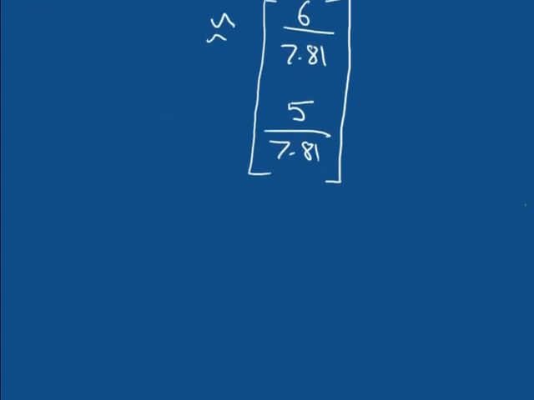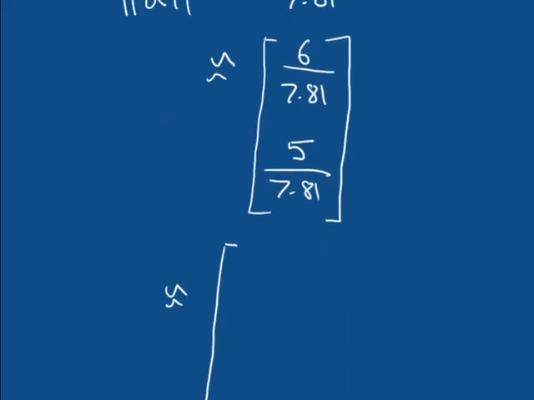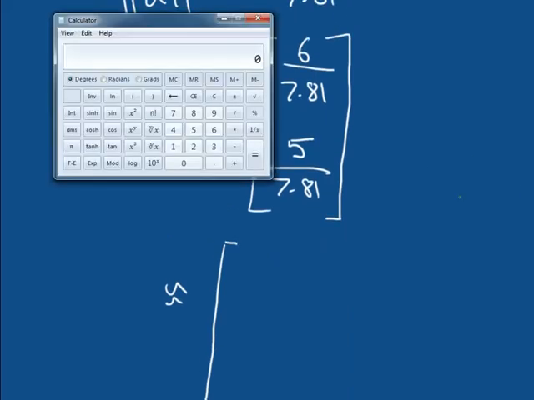So continuing on, we know this is then approximately equal to, so if I bring up another calculator, I need 6 divided by 7.81, which is going to give me 0.768.